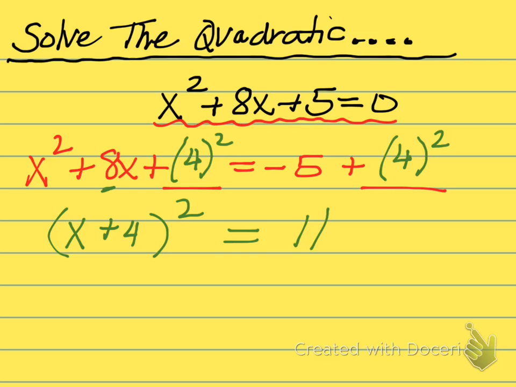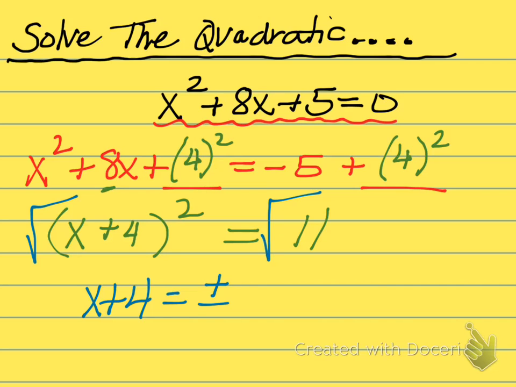At this point, to get our quantity squared out of here, I'm going to take the square root of both sides. The square root of a quantity squared is just the quantity, so I have x plus 4. And don't forget, when I take the square root of both sides in an equation, I'm always going to end up with plus or minus, and I have square root of 11.